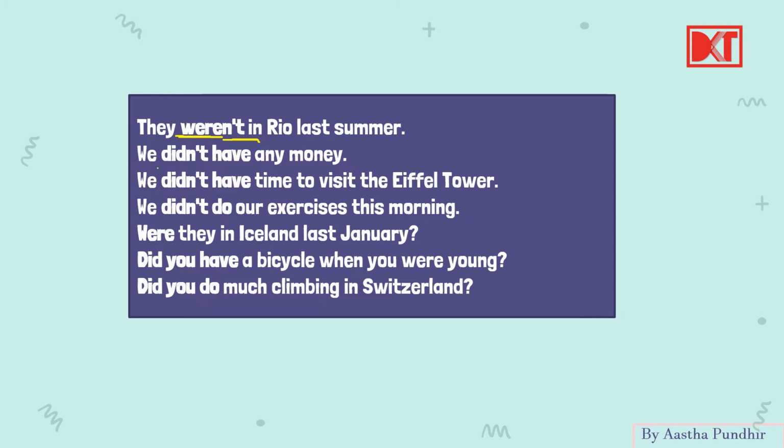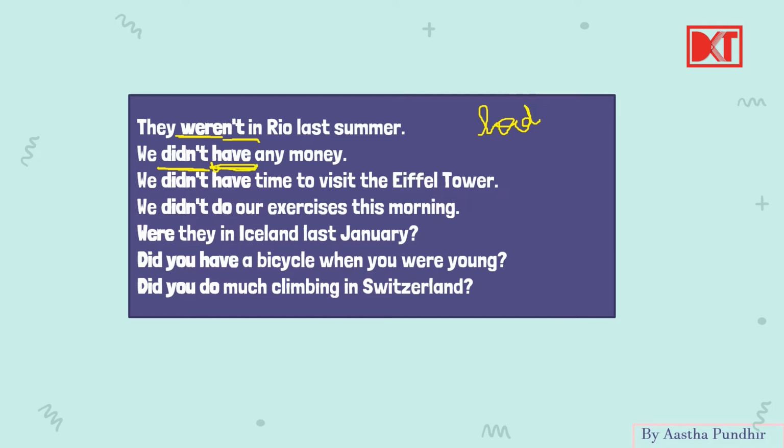Similarly, possession के लिए we did not have any money. Right? अब वैसे तो have के लिए क्या होता है? Had होता है. Right? Past में अभी हमने पिछली slide पे देखा had. पर यहाँ पे हम didn't have क्यों use कर रहे हैं? क्योंकि हमने सीखा था कि we didn't have.